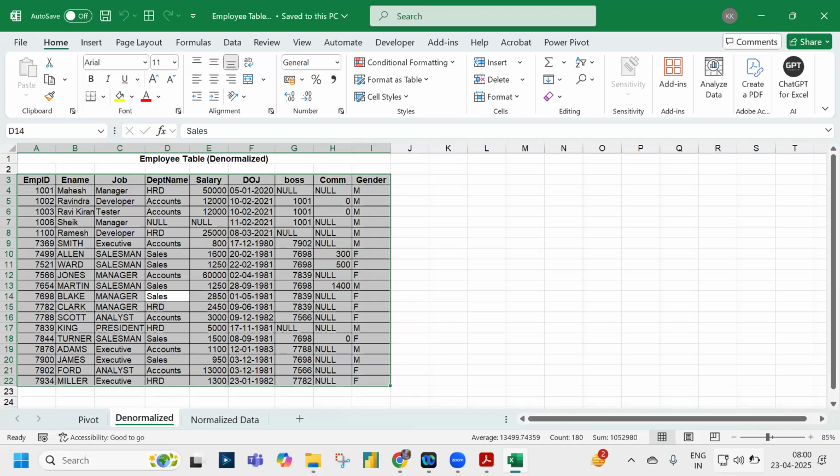And looking at the same data, can we get the total salary by the job? Is it possible? Can we do that? Total salary by the job.